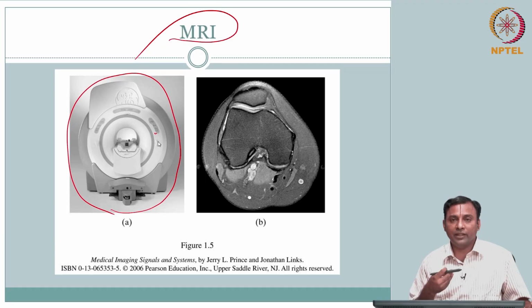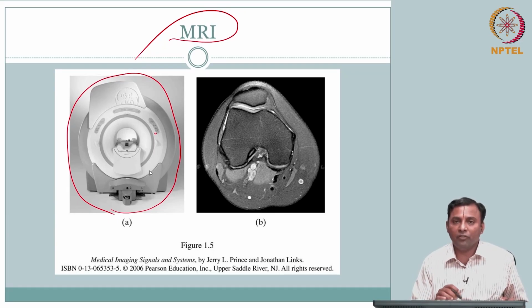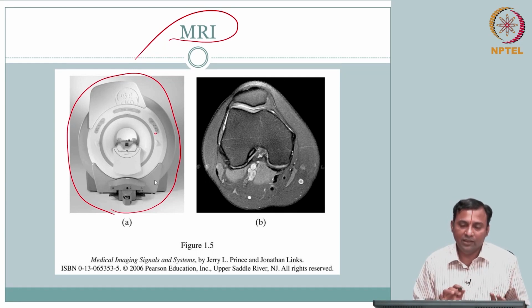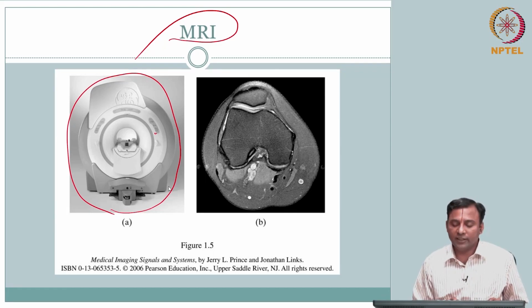If they have, for example, some implants or anything, they may or may not be suitable. You cannot bring your wallet in, or a keychain. So there is a lot of infrastructural requirement and technical support that is needed to do the imaging. That is not captured here, but from a technical perspective, this is one of the most versatile imaging modalities.